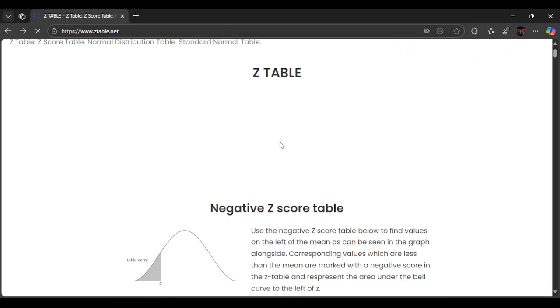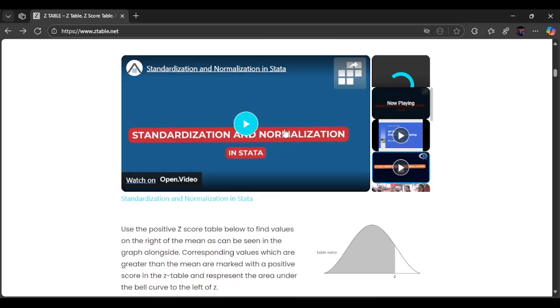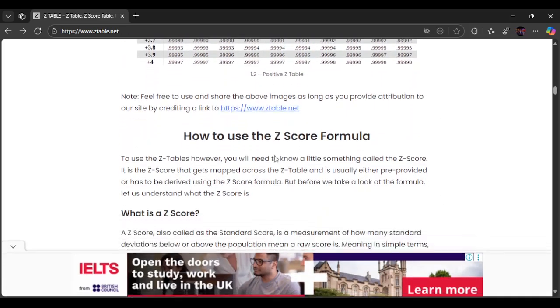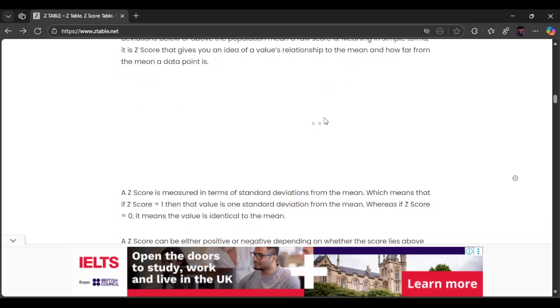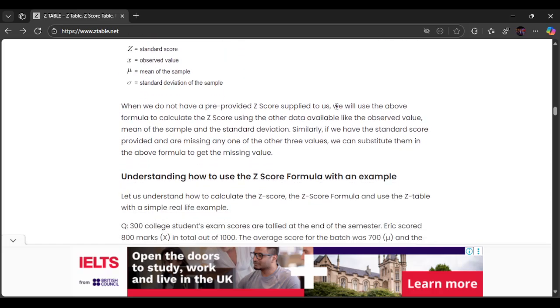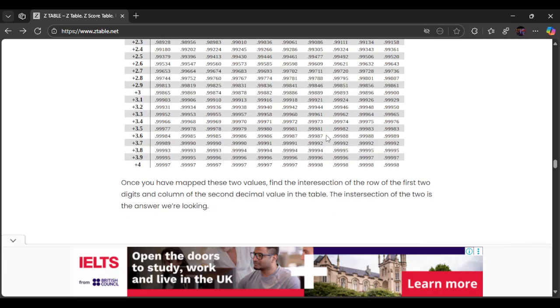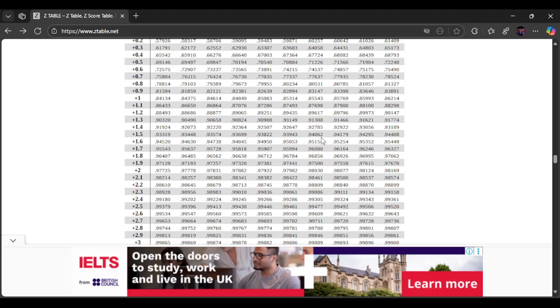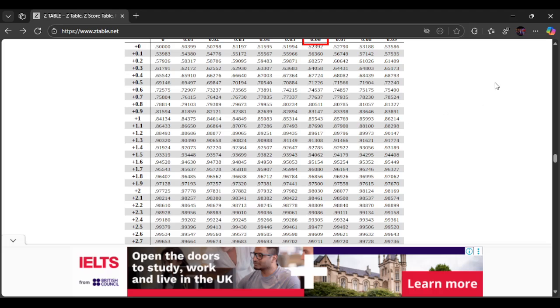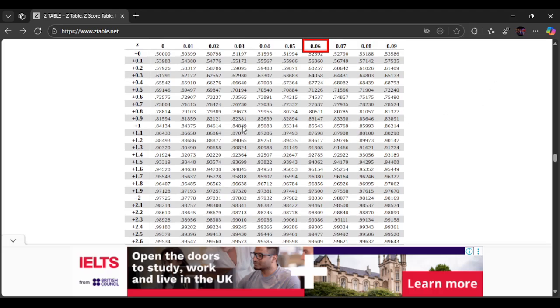Now the other value that we wanted to calculate was Z greater than 0.8. This is the positive Z table, and this is plus 0.8.